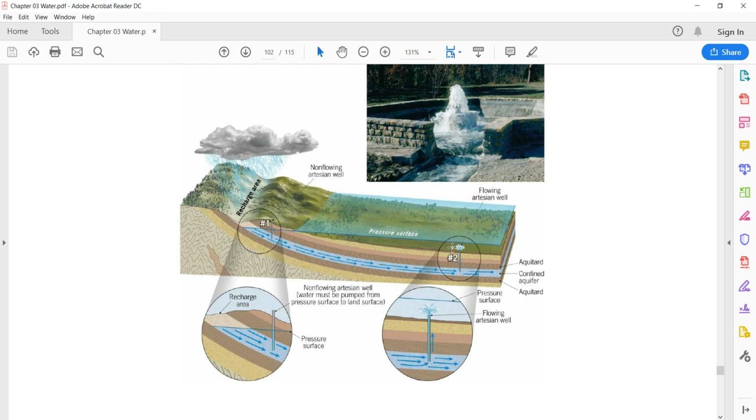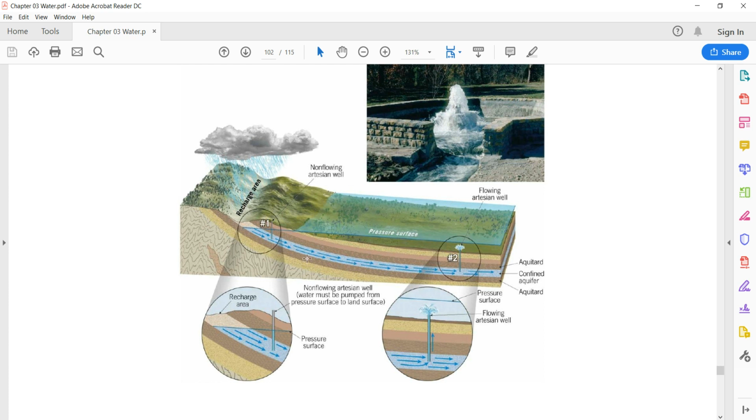right? Now you can look at this again. Remember that's the law of nature, where water flows from higher elevation to lower elevation. Here you can see this recharge area is at a much higher elevation compared to the rest of the aquifer. So if you drill a well here, farther from the recharge area, this well will come out of the ground, and the tip of the well is still far below the top point of the recharge area.